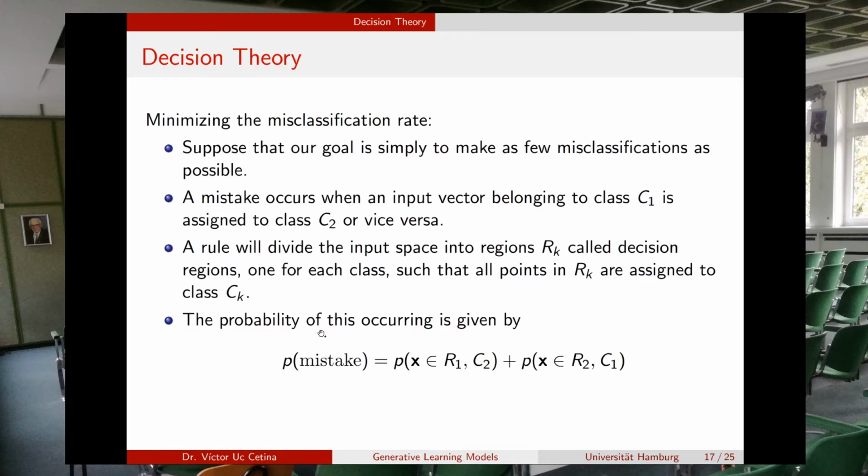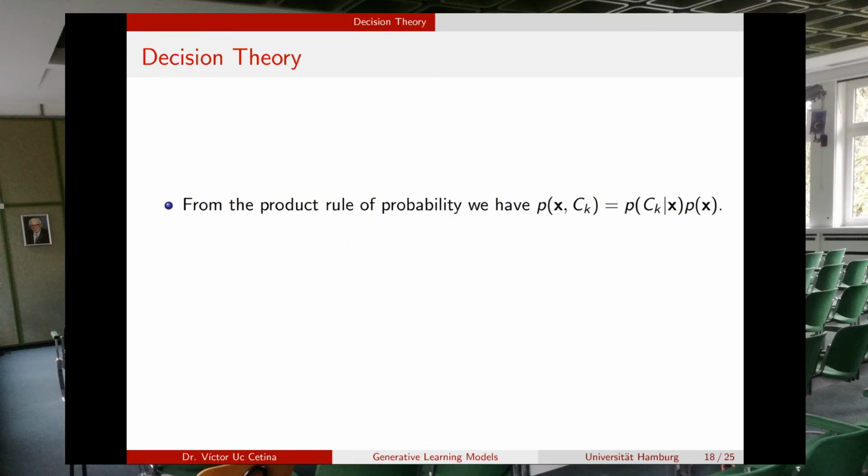So the probability of making an error can be written like this. The probability of making a mistake will be the probability that some x that is in region 1 is classified to be class 2. And the other kind of error is the probability that some x that belongs to region 2 is finally classified as being in class 1. So this is the way in which we can compute the error of our model.